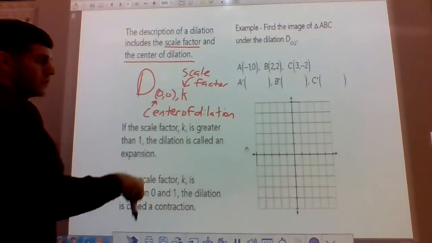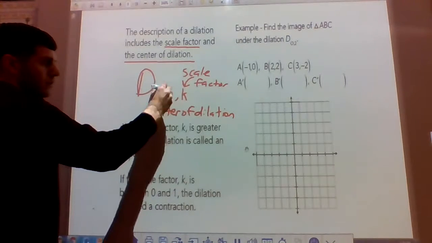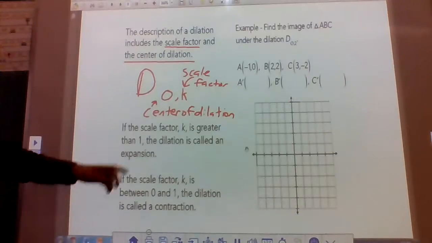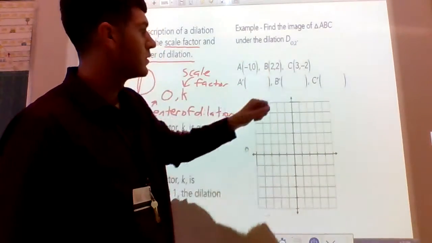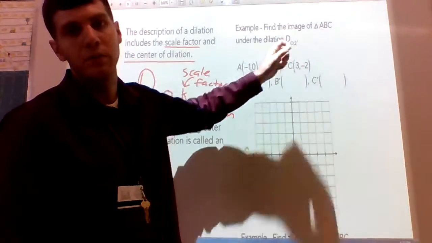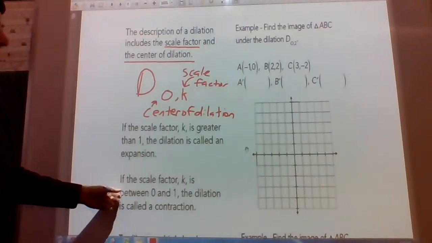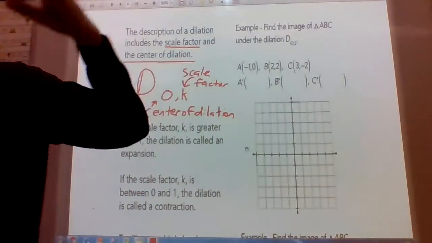The reason it's just a 0 is since the origin is 0, 0, we can really just write 0. Center of dilation is 0, the origin, and then our scale factor is K. In the first example, it's going to be 2.